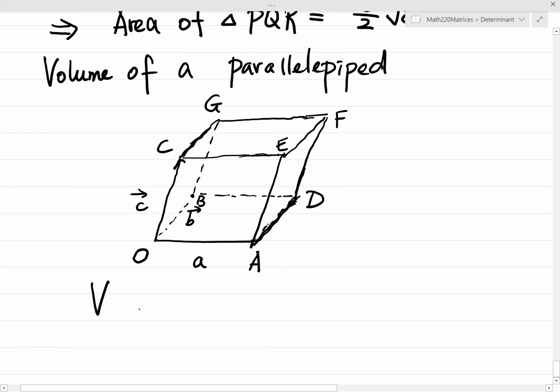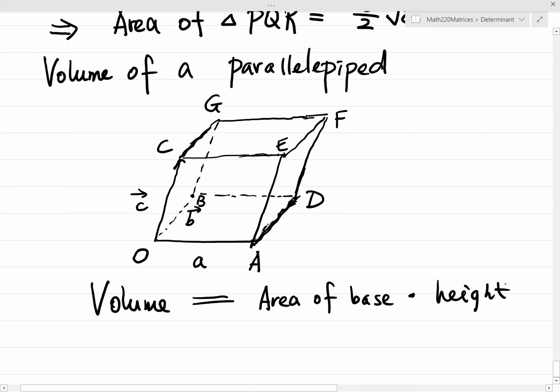The volume of this parallelepiped is the area of the base times the height. Let's now determine the height.